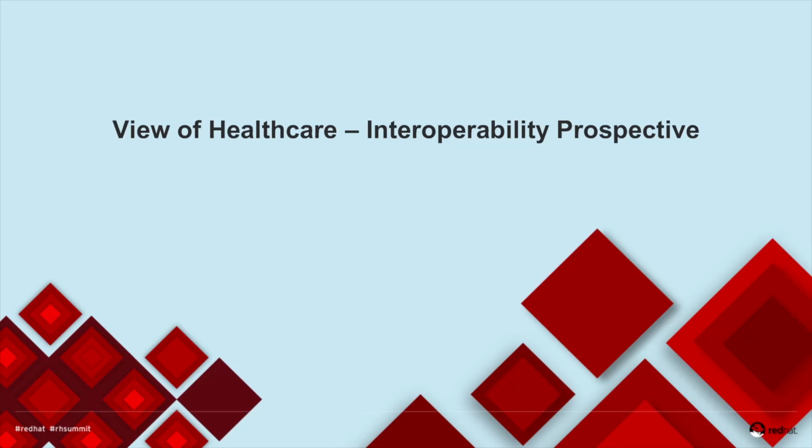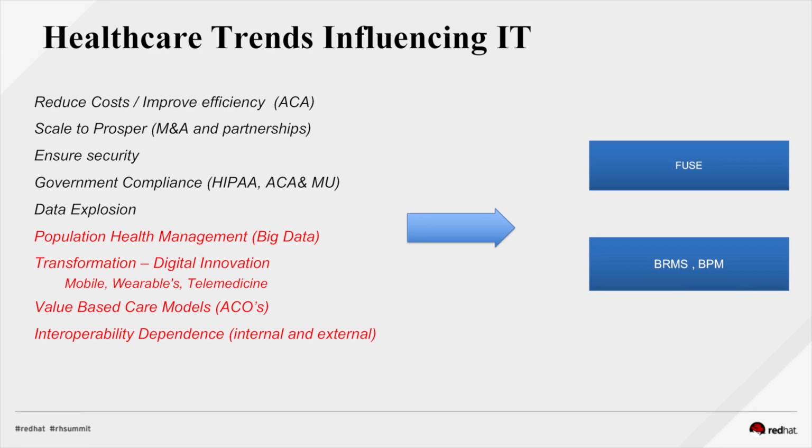But let me start off with a view of healthcare from interoperability. And what I'm going to talk about is some of the trends in healthcare. There's a lot of trends in healthcare, and I want to focus on the ones that are driving interoperability. So real quickly, some of the trends in healthcare: everybody's trying to reduce costs because of the Affordable Care Act. People are trying to have systems that can scale.